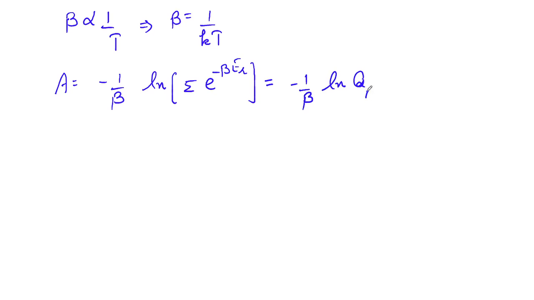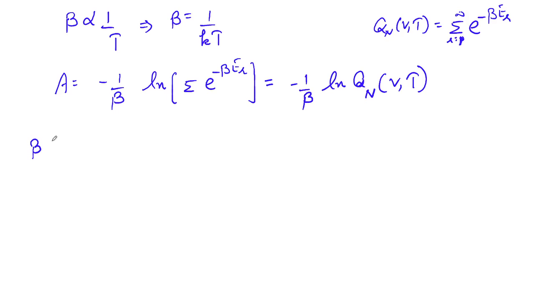If we are talking about N systems within the ensemble, then we generally represent this partition function as Q(N,V,T), which is the summation of exponential of minus beta into Er from r equals 1 to infinity.